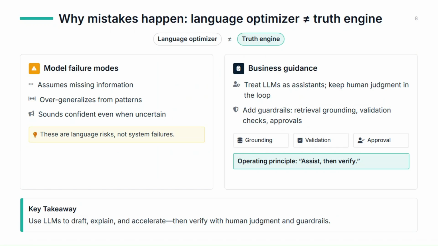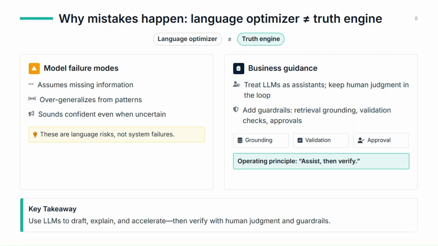Why do mistakes happen? This slide is critical for business leaders. LLMs are language optimizers, not truth engines. Their goal is to produce helpful, coherent language. As a result, they may assume missing information, they may overgeneralize, they may sound confident even when uncertain.